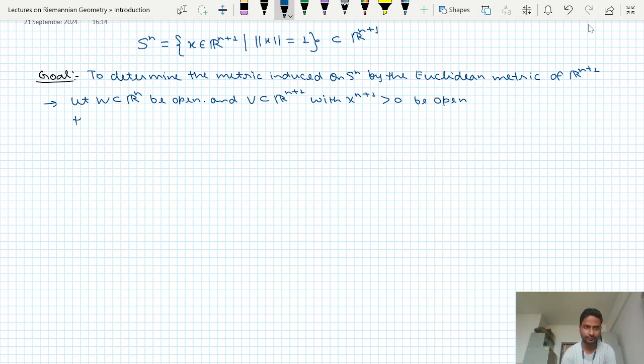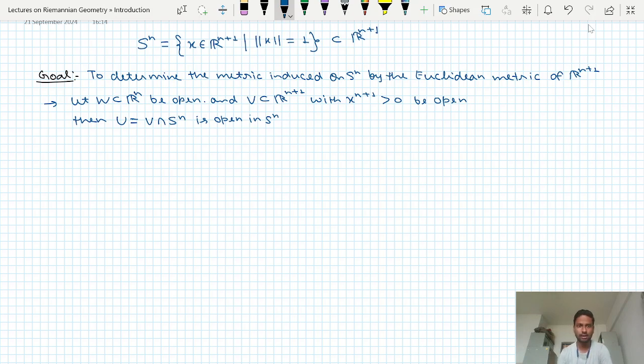Then note that if you take the intersection of V with Sn, this is open in Sn. What is this? This is the subspace topology. I hope you have studied it.